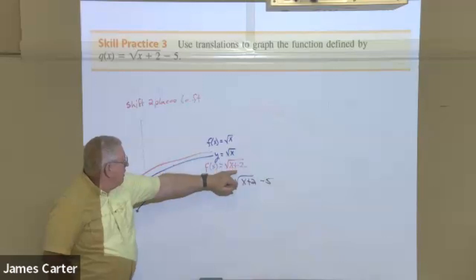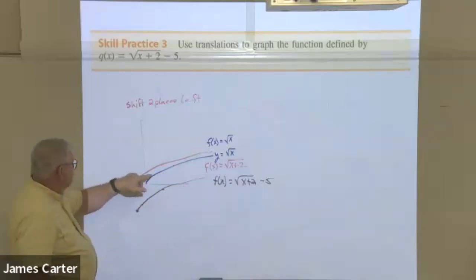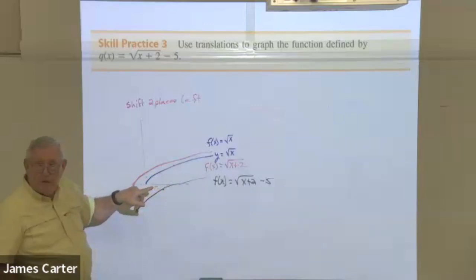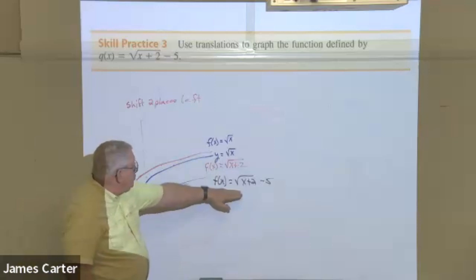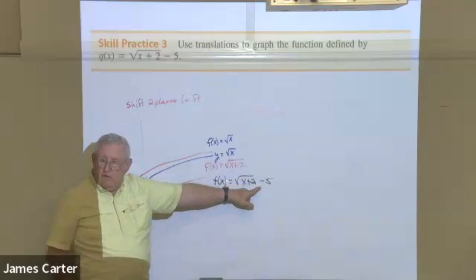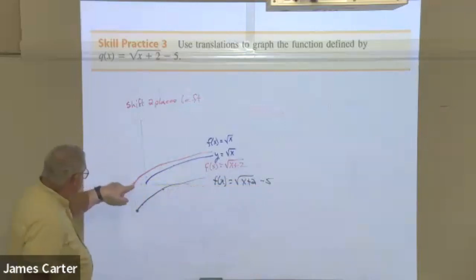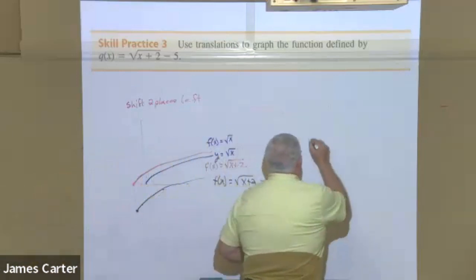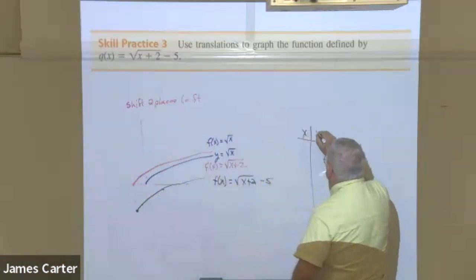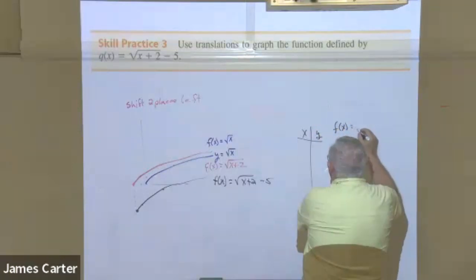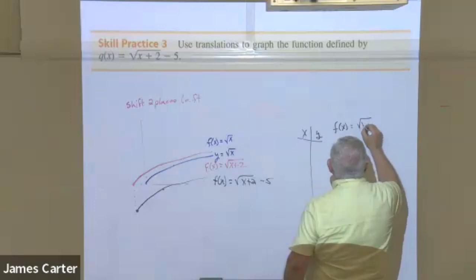I shifted everything on this one 2 places to the left. To get to this one then, I took that one and then I shifted everything down 5 from where they were. Now, if you wanted to, you could do an XY table for f of x equals square root of x plus 2 minus 5.